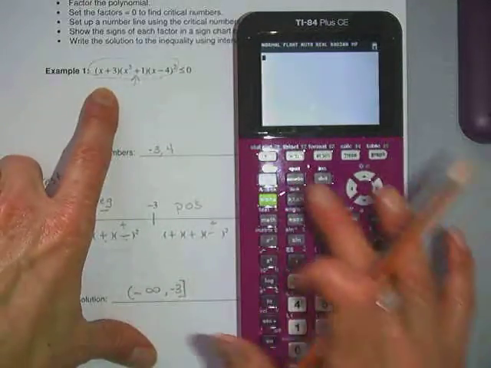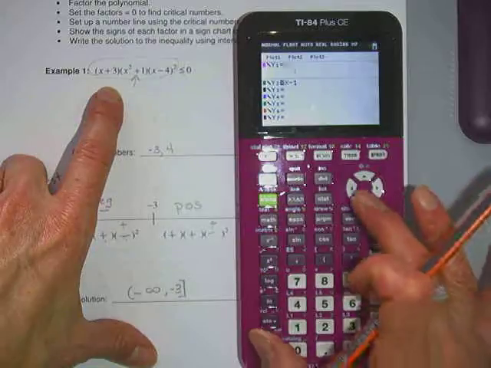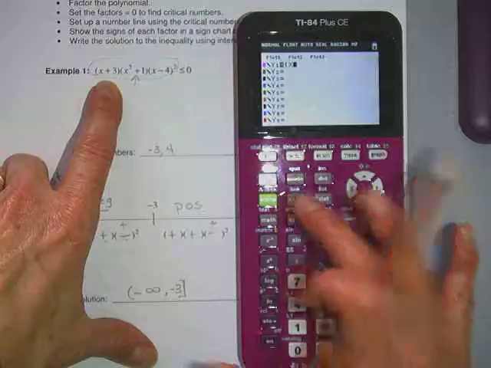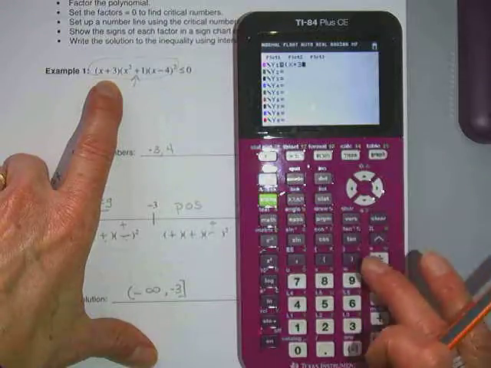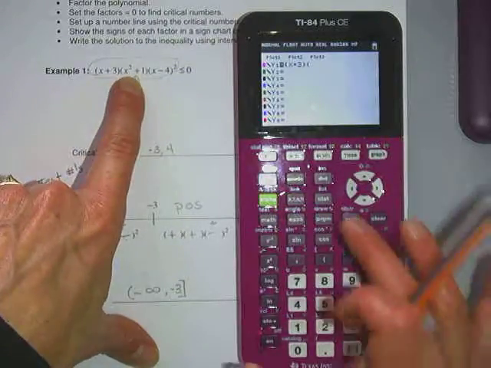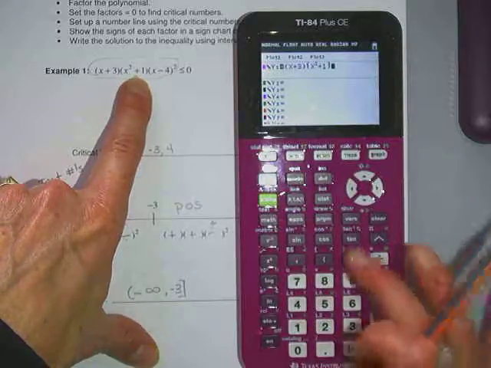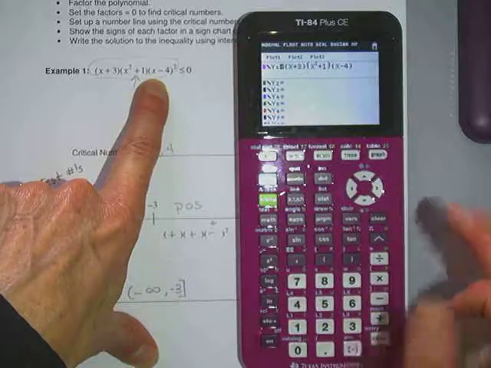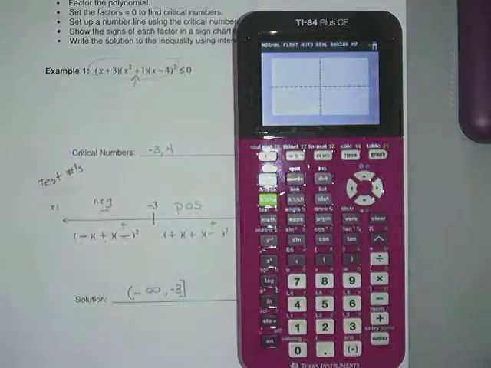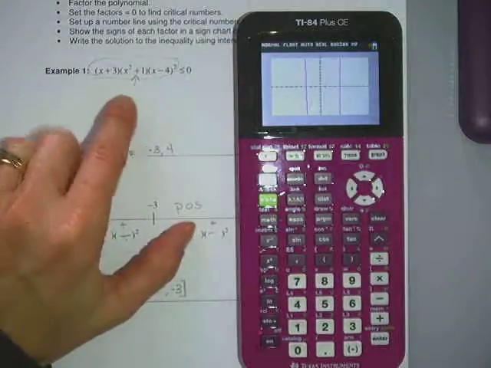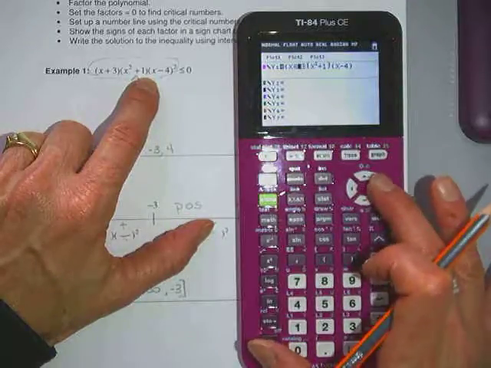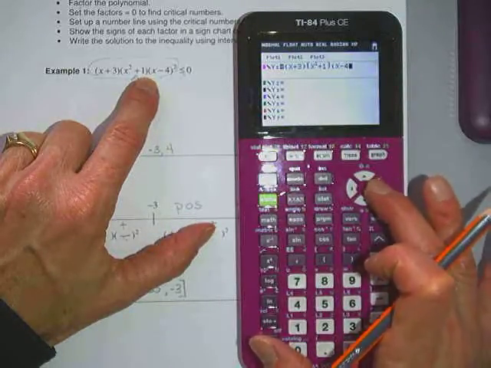Okay? Now, double check. Let's say that I want to make sure that I did it correctly. Well, what I can do is take this equation here and type it into my calculator. X squared plus 1, and graph it. You didn't put the squared on the end of it. Oh shoot, I didn't. You're right.